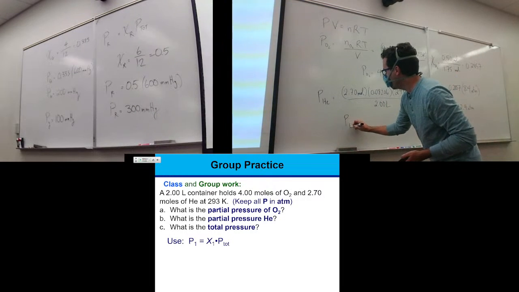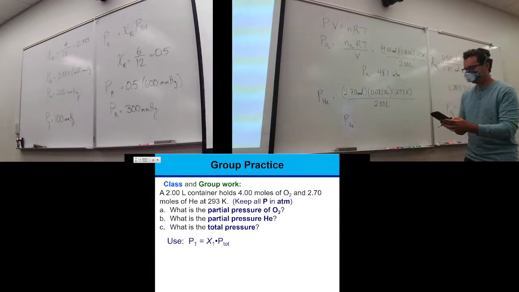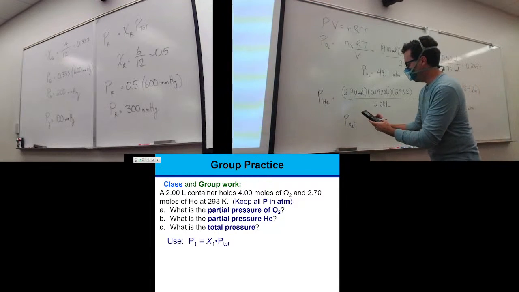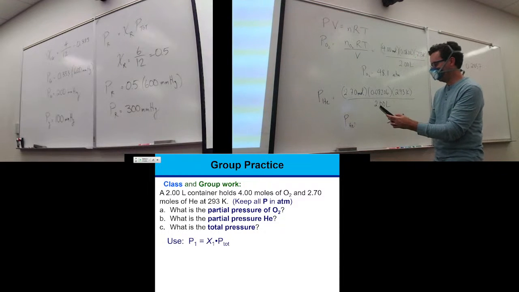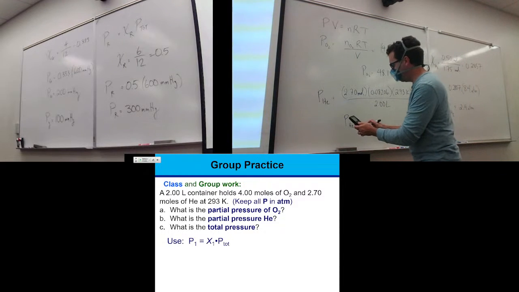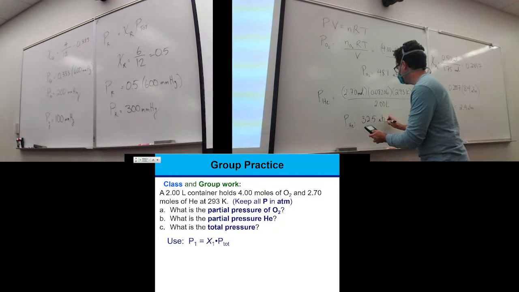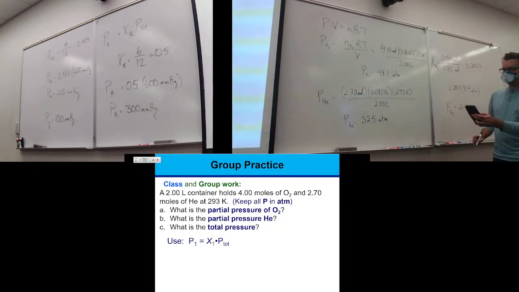And so the partial pressure of helium is 2.7 times 0.08206 times 293 divided by 2. No, I did that wrong. 32.5. I got a decimal in wrong, but I think that's it. 32.5 atmospheres. So we got our partial pressures.